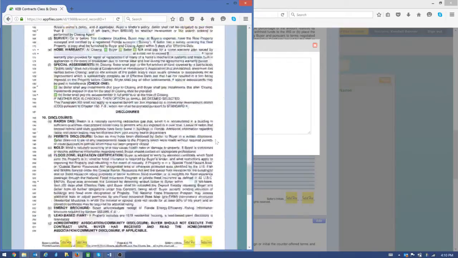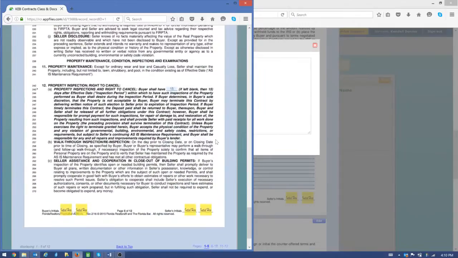My favorite line in here is, if buyer determines in buyer's sole discretion that the property is not acceptable to the buyer, buyer may terminate this contract by delivering written notice of such election to seller prior to the expiration of the inspection period. Best sentence in the whole contract. Hands down, absolutely. Who says you can't use that in your FARBAR 4?